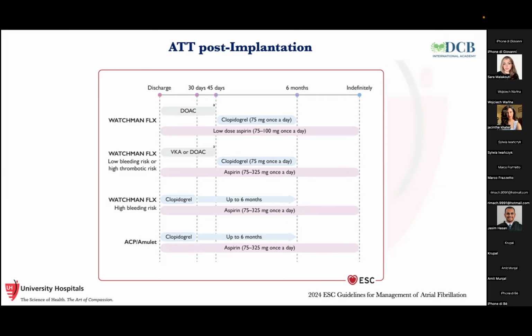Probably what is necessary is big trials to show this difference, because probably for this type of thrombus on the devices, the anticoagulant approach is better than the antiplatelet approach. This is my opinion in general, based on what we have seen with other anticoagulant therapy. Grazie. Thank you, Marco. My pleasure.